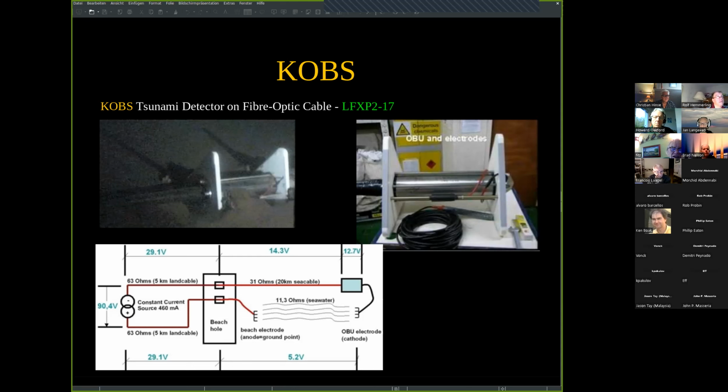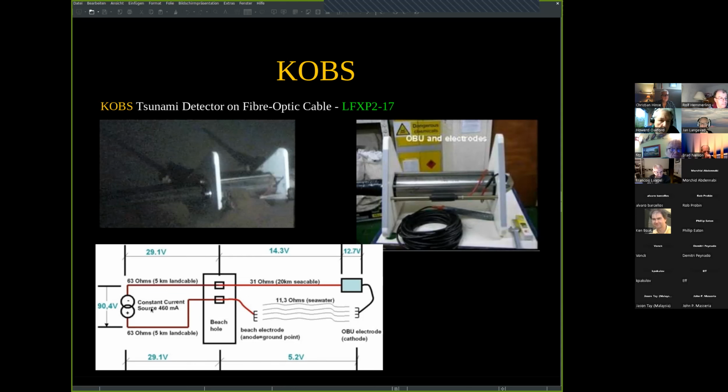And so the copper tube was the actual electrical conductor, but there was only one. So the current that had to go back to the beach, well, that had to go through the water. And so here you see the combined system and the electrical situation.